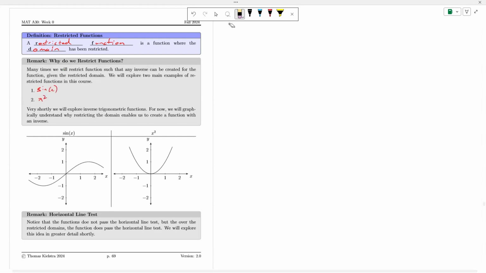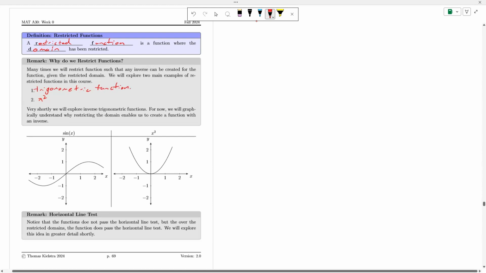Or let's generalize sine of x to trigonometric functions. So our trigonometric functions will be our restricted functions, and x squared are our even powers.